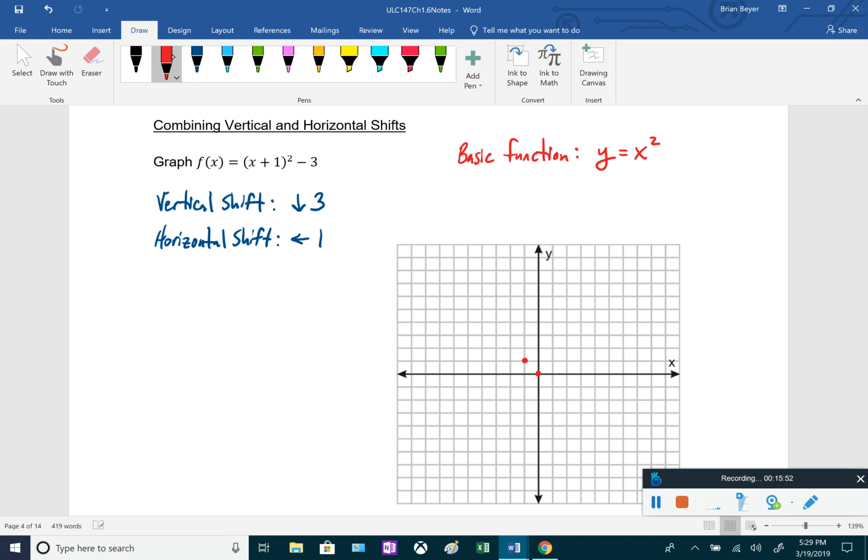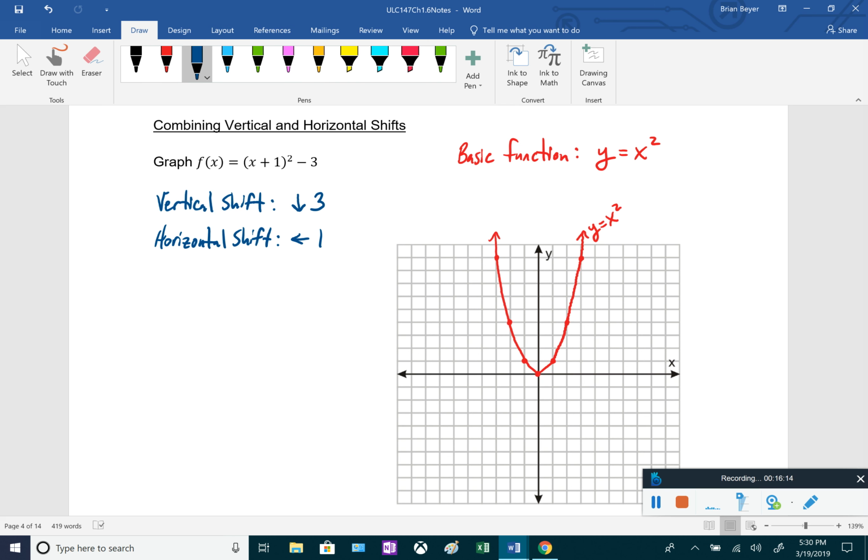So y equals x squared, so hopefully we know what points we're plotting for this. It's going to be these points. So this is y equals x squared for like the third time. So let's graph this f of x in one step here.